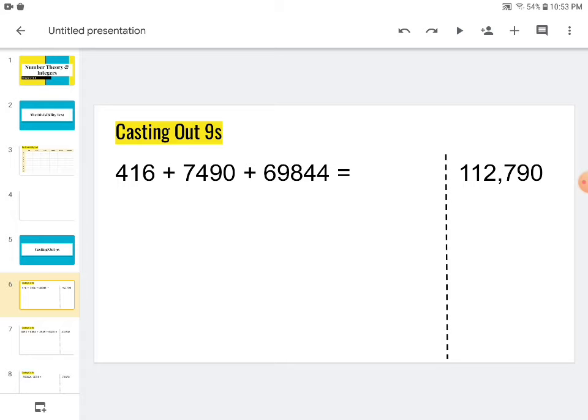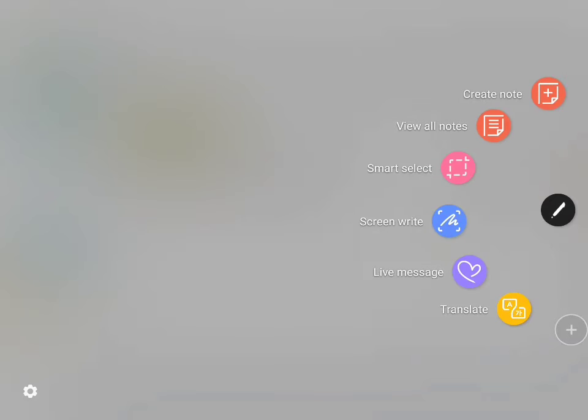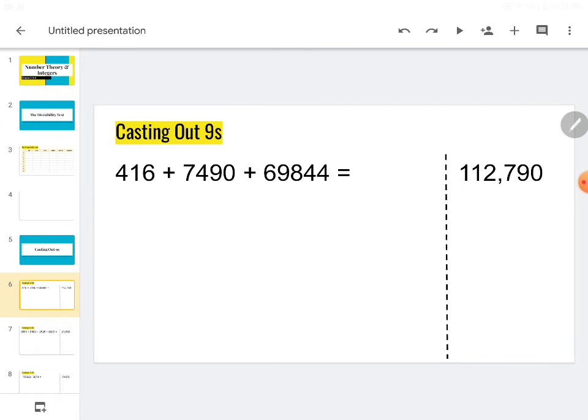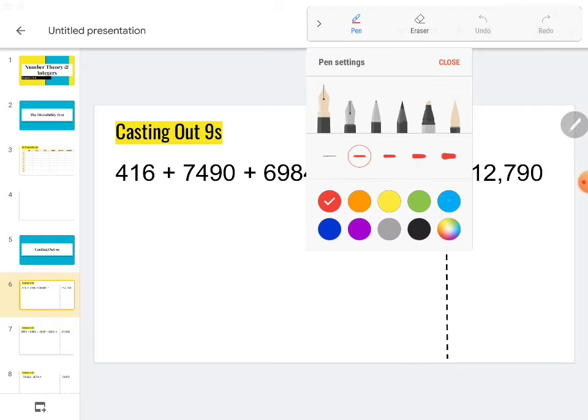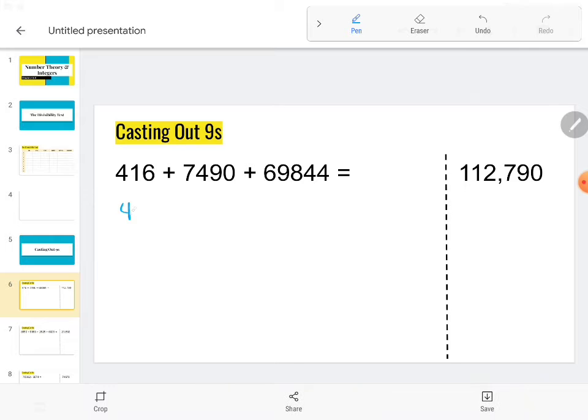So, for 416, and let me get my screen right up because that makes things a little bit easier to follow along. We're going to do 4 plus 1 plus 6, which is 11.